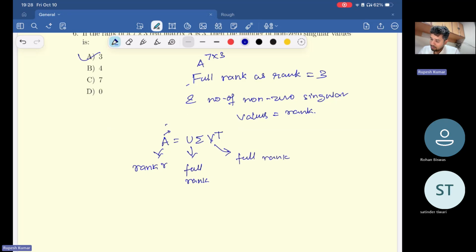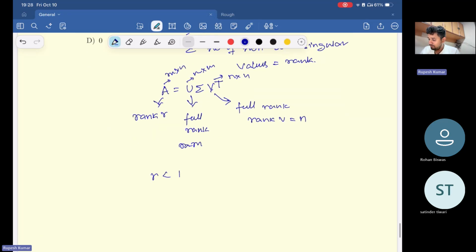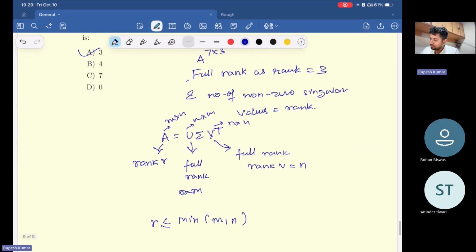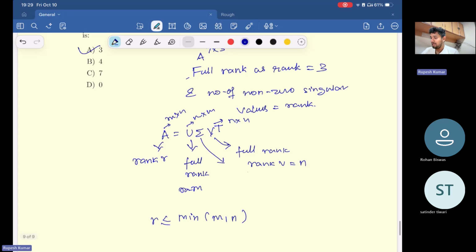A is M cross N, U is M cross M, and V is N cross N. So the rank of A is r, the rank of U is M, the rank of V is N, and r is less than or equal to the minimum of M and N. Then there has to be some matrix having rank less than M and N, so the rank of sigma has to be less than or equal to min of M, N, which will be equal to r.